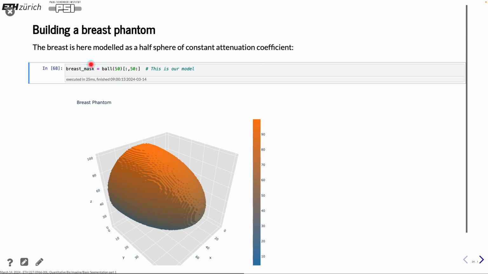I use this ball structure element and take half of it, and then we get this structure here. This is not really true actually, because now this is a volume image, but in mammography they take 2 plates and squeeze, and then they have constant distance through the breast. So this is not a fully perfect model of what's actually happening in mammography.